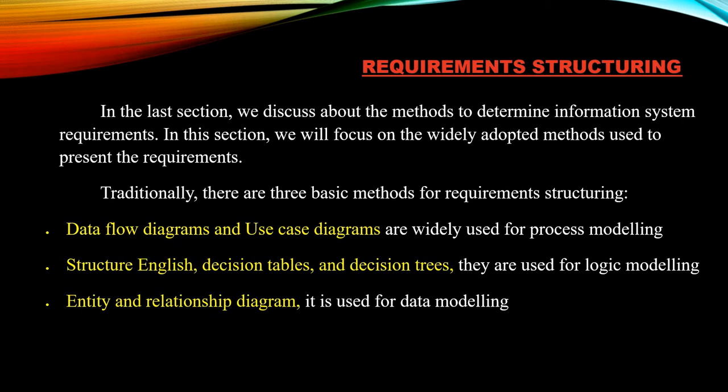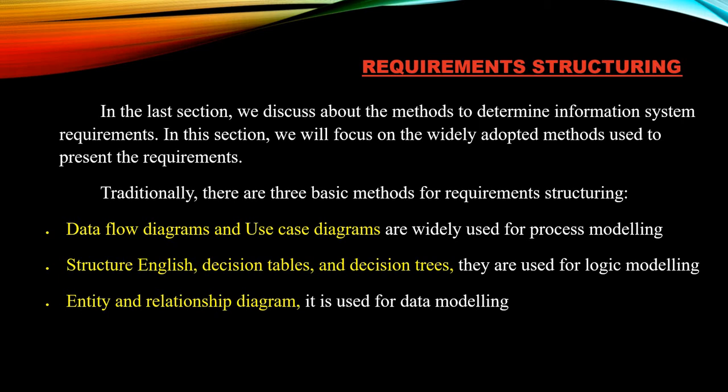Alright, we have discussed the methods to determine information system requirements, that is requirements determination, and now we shall focus on the widely adopted methods used to present the requirements. There are three basic methods for requirement structuring. The first one is known as process modeling, which consists of data flow diagrams and use case diagrams.